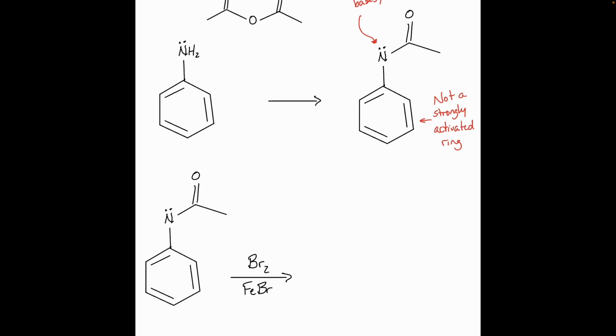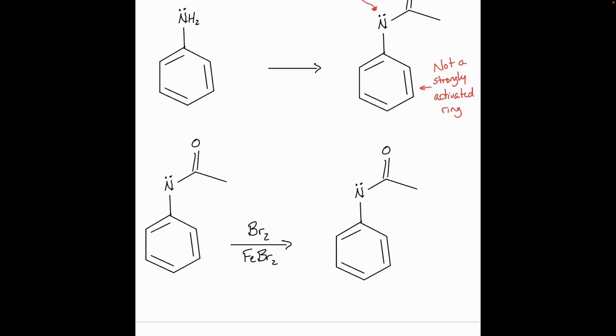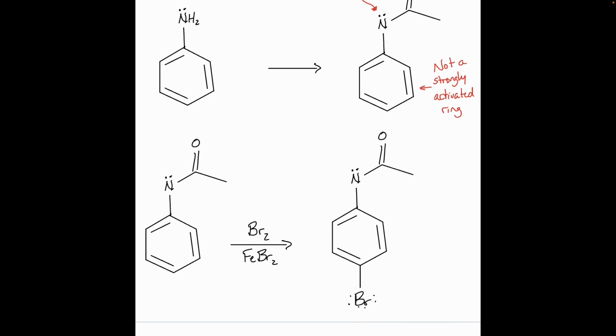I actually don't think you need the catalyst, but let's just not overcomplicate things. You will get that electrophilic aromatic substitution product. You will get predominantly the para product because you put that big bulky group on that nitrogen, which kind of blocks up that ortho position there.